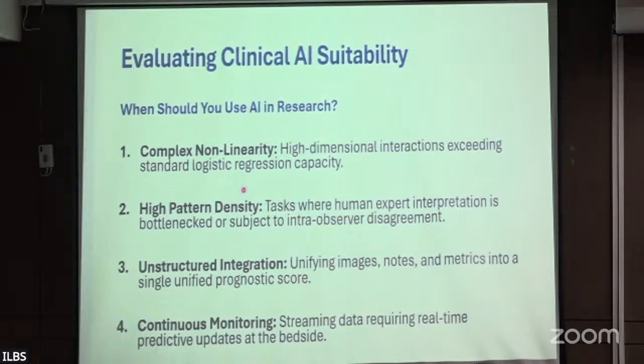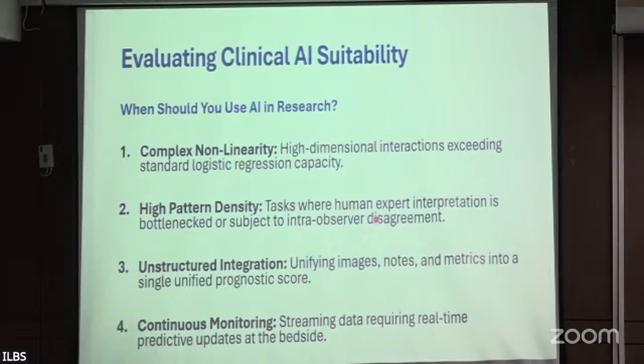Another is high pattern density, where human expert interpretation has some limit. For example, for radiological data, the human eye cannot look beyond a certain level. That type of assessment can be done by AI.